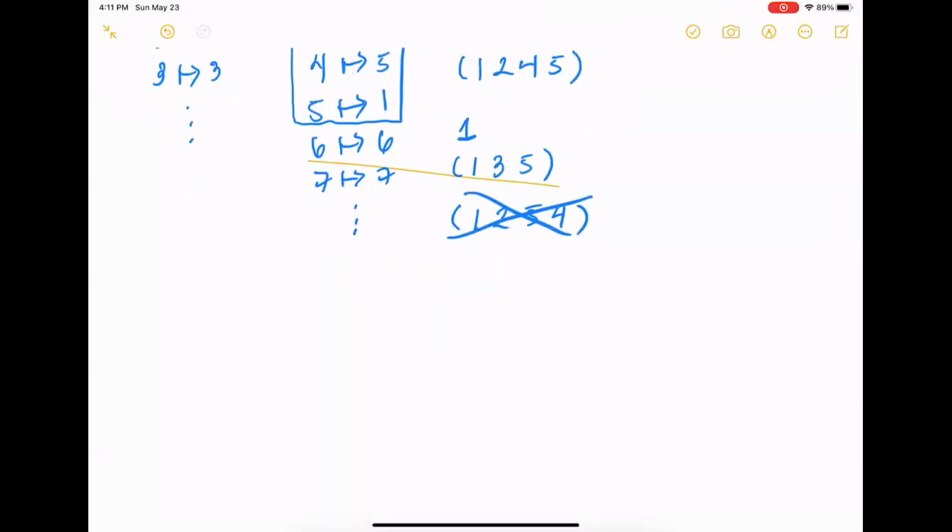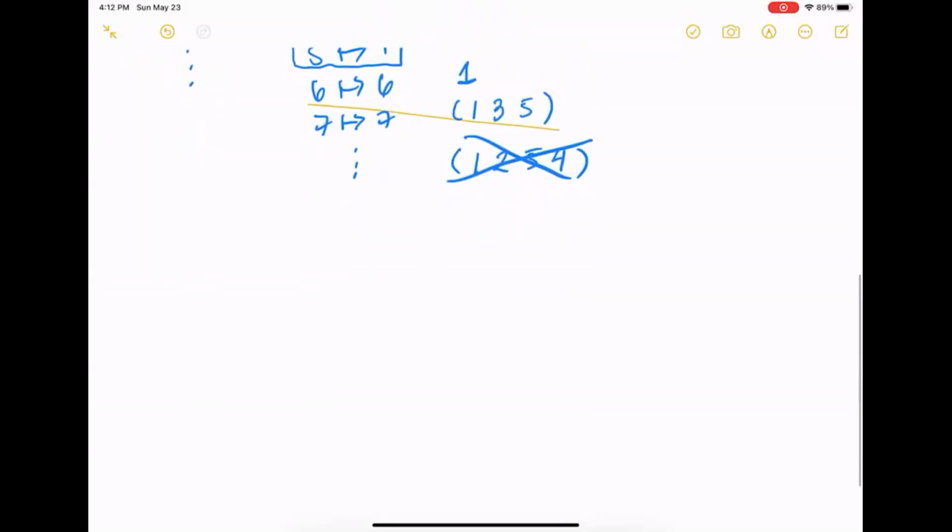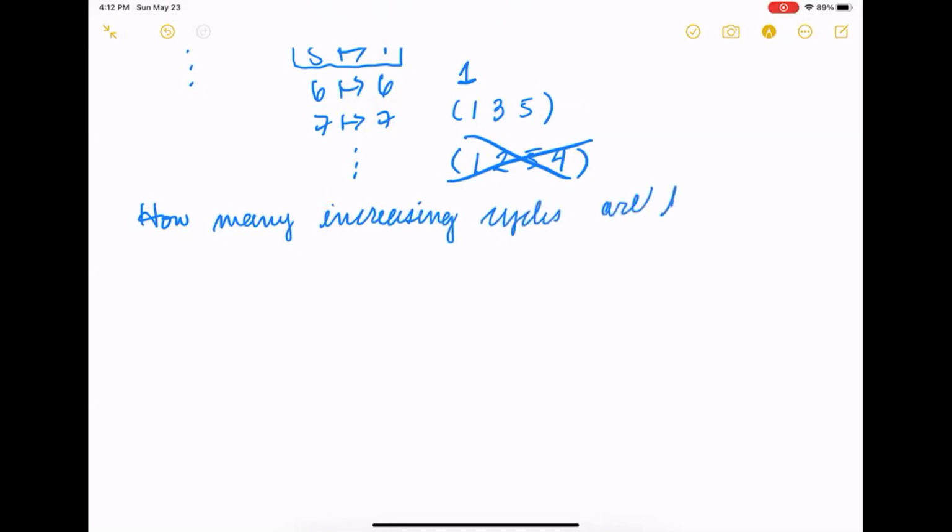So the only way for a permutation to be a valid seating arrangement is if the elements of this cycle are strictly increasing. And here's where we find something cool. How many increasing cycles are there starting with 1?